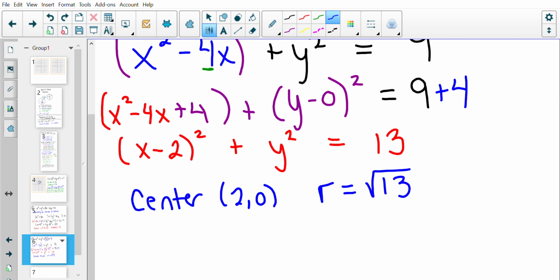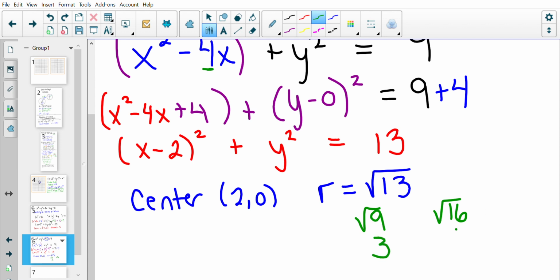Now, I didn't ask you to graph this, but let's say I did ask you to graph this. Graphing root 13, we're going to have to sort of guesstimate where root 13 would be. How long is root 13? So think about it. We're going to pick the two closest perfect squares to 13. So the two closest ones are root 9, and then on the higher end, root 16. So the square root of 9 is 3.